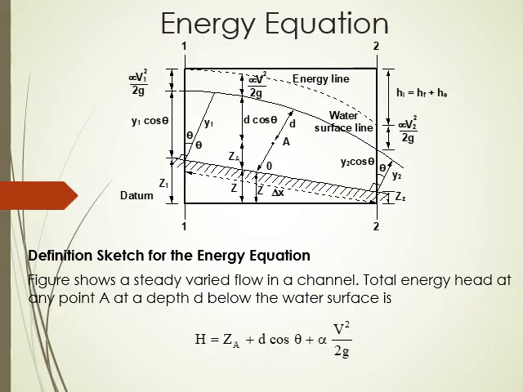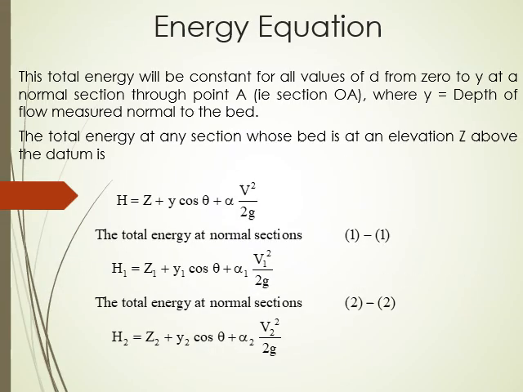Section 1 is upstream, section 2 is downstream, with a bed elevation of Z. So we need to calculate the total energy head at the point A with respect to the depth D. The equation becomes H equal to Z_A at the center, Z_A plus D cos theta plus alpha V square by 2g. So the energy equation becomes H equal to Z plus y cos theta plus alpha V square by 2g. This is the general equation with respect to the point A.